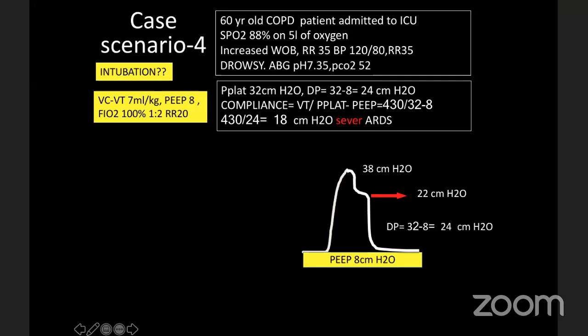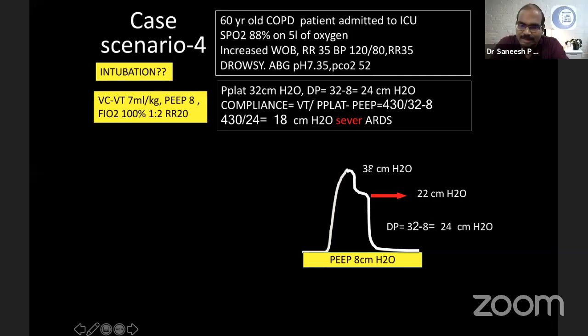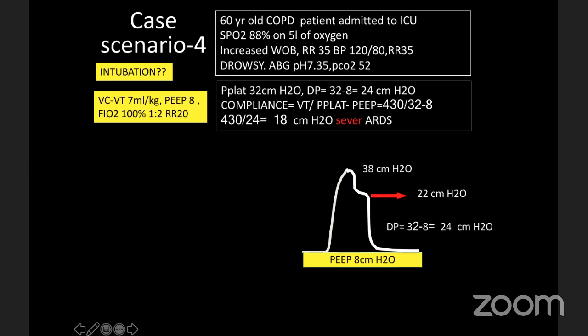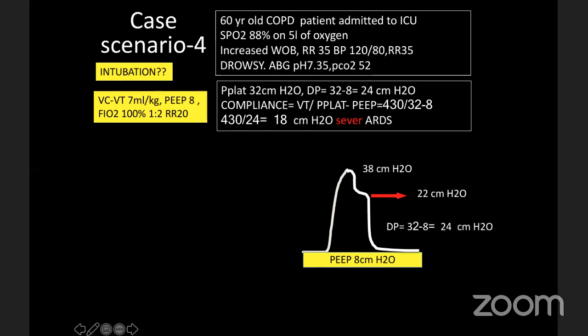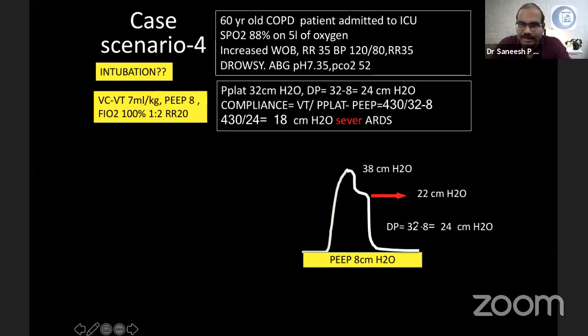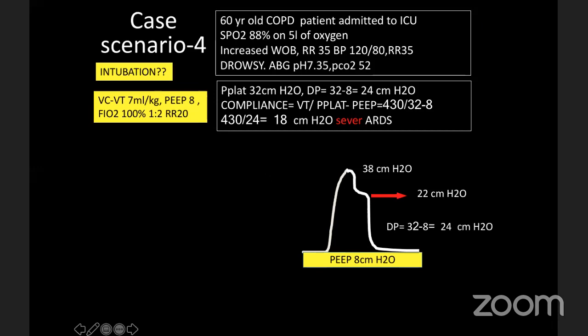In that case, the difference between peak pressure and plateau is 16. So we have to tackle the trans airway resistance. Yes, sir. If plateau is 32, then we have an issue with the compliance. Okay, fine.